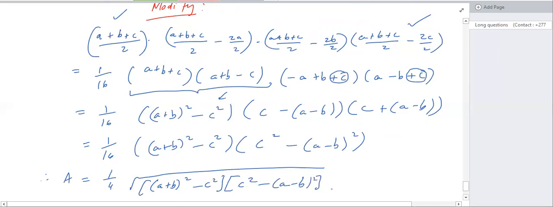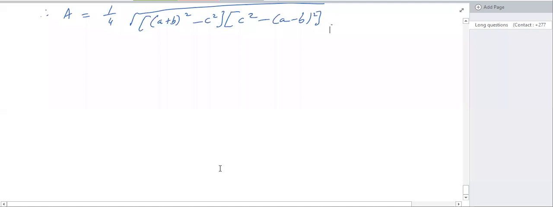squared. Now, let us apply this formula here. So what we can say here is that quarter into, let me just write this to the power half, which is the same as the square root of. So what we have is A plus B all squared minus C squared. So what's A plus B? A is the square root of 5.